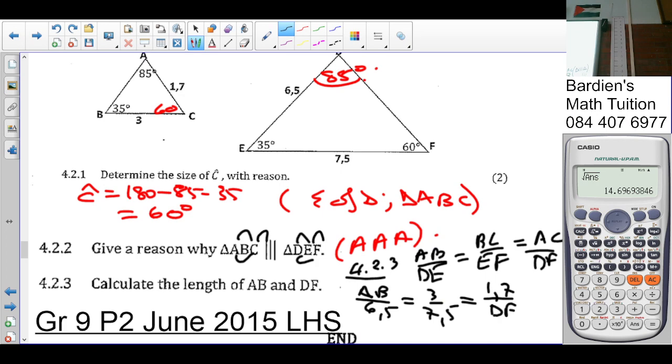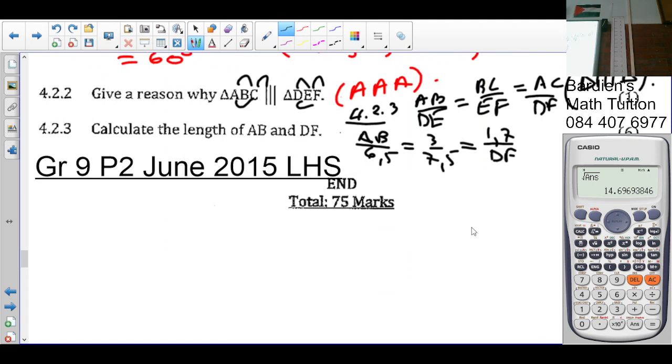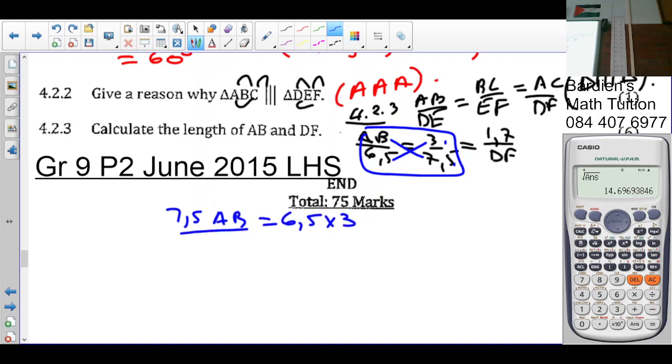So the question was to calculate those two unknown variables, AB and DF. So I'm going to use that because we know those two values. So cross multiply. So 7.5 times AB, 7.5 AB equals 6.5 times 3. So I divide by 7.5 both sides. So AB works out. Somebody work it out.